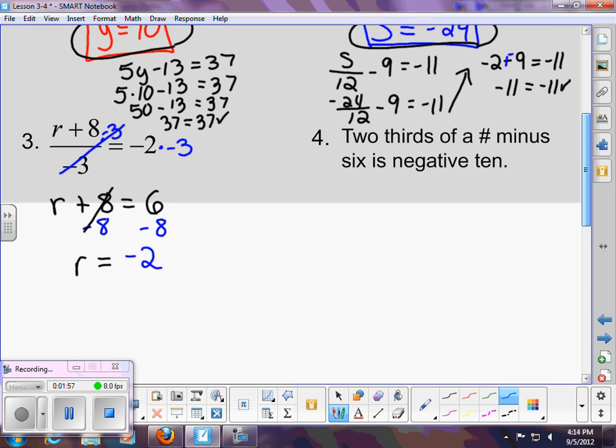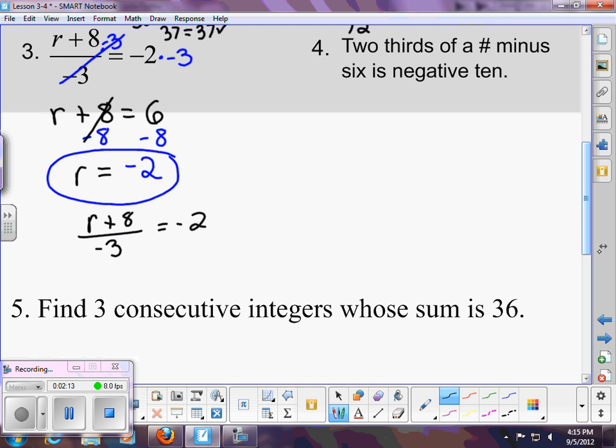So we have our solution, and remember we've been checking our answers to verify that we are correct. Going back to the original problem, (r plus 8) divided by negative 3 is supposed to equal negative 2. Let's make that substitution, substituting negative 2 for r to find out if we're right.